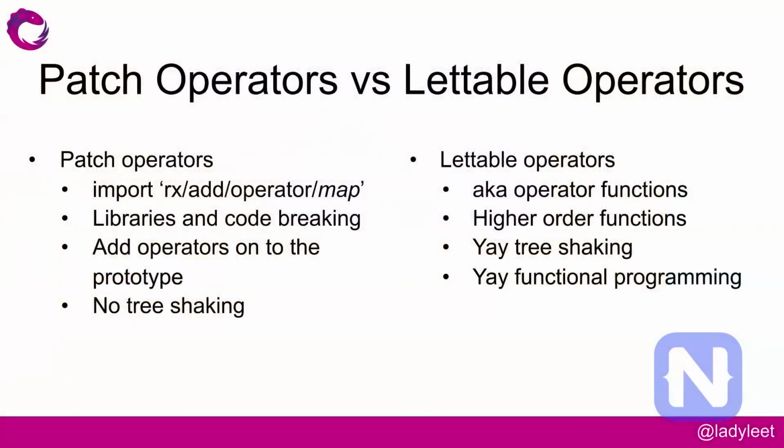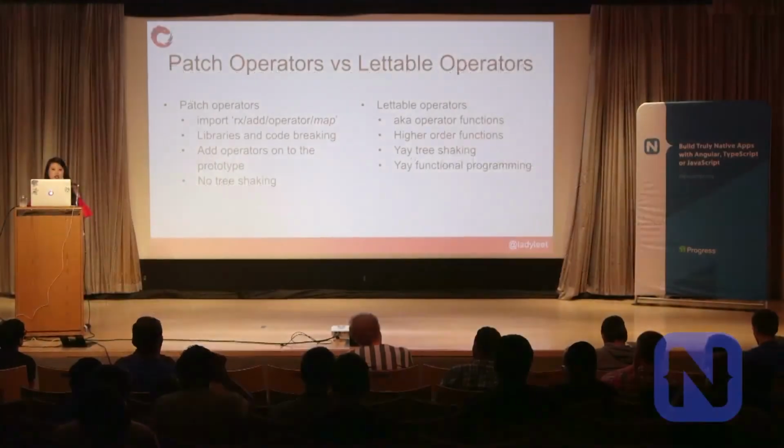Jason Aiden on the Angular team really helped refactor all these operators into lettable operators. They're just using higher order functions and functional programming to make it more awesome. In the newest versions, you're going to be able to have tree shaking, and it's going to be much easier to create observables. There's a lot of benefits.